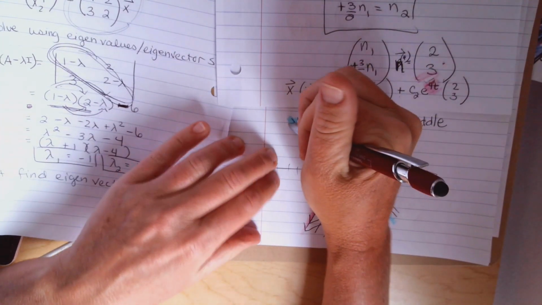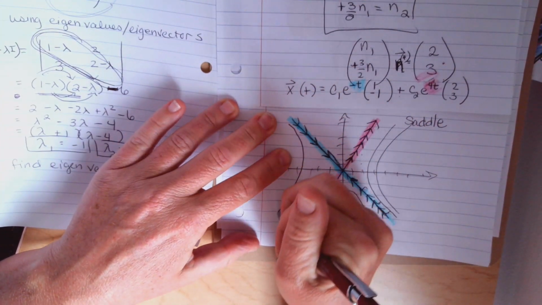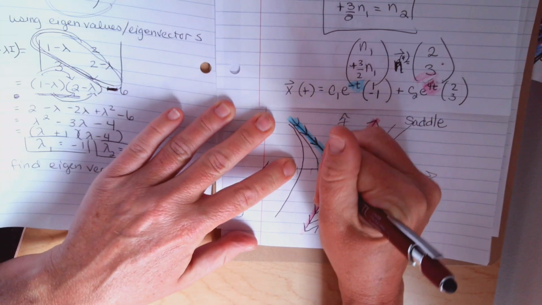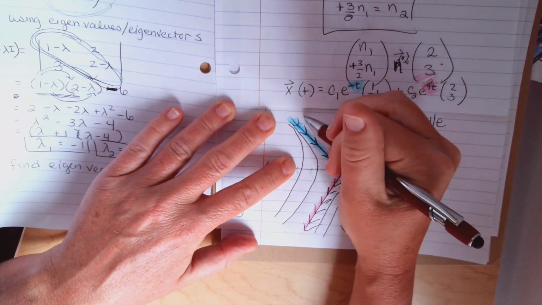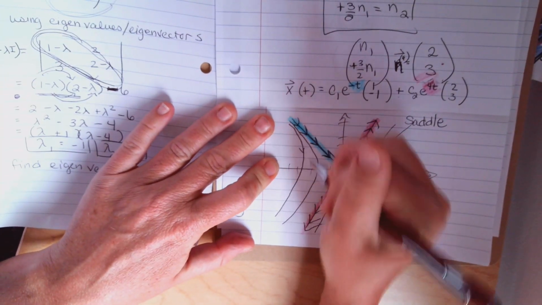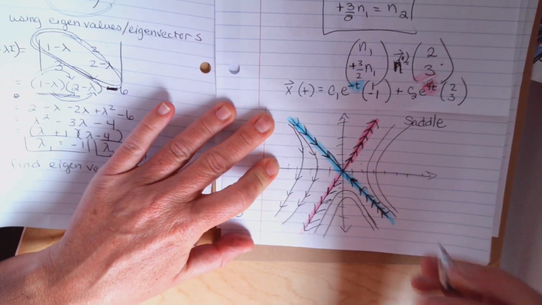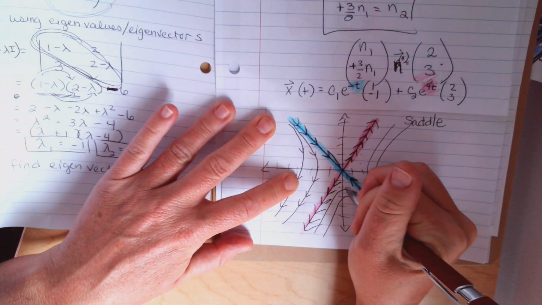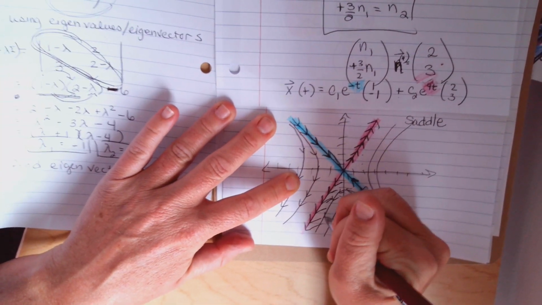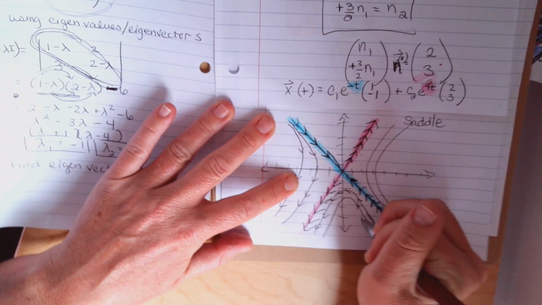Are my lines perfect? No, they're not perfect. I'm not a robot. But do you see how they're going? Let me draw some arrows. We're going in this direction and then we're flowing out.